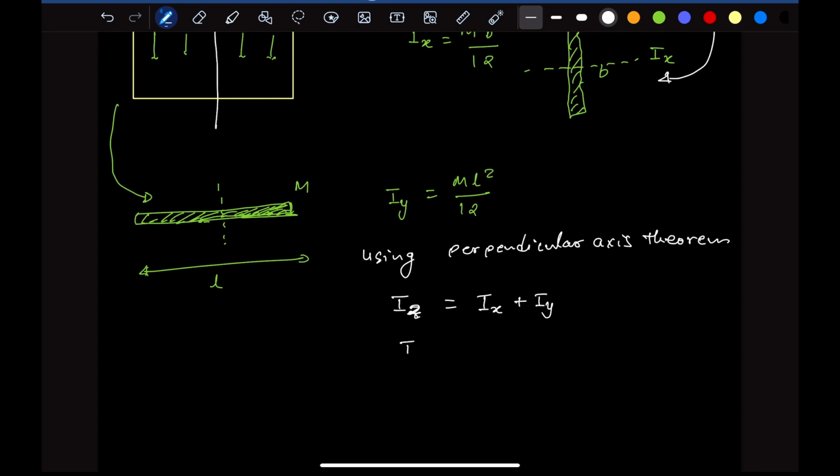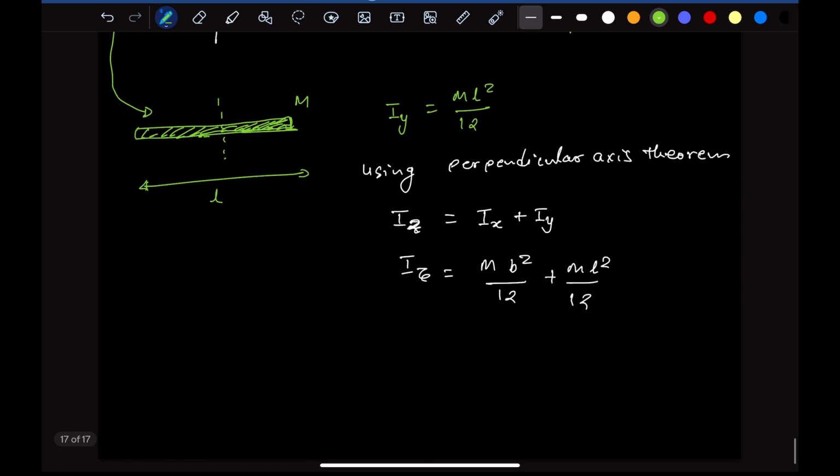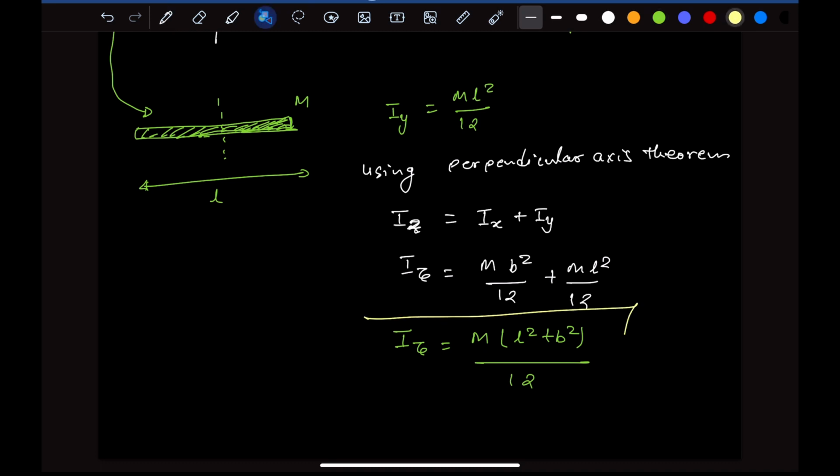So Iz would be m b square divided by 12 plus m l square divided by 12, or we can say that Iz is m times l square plus b square divided by 12. Keep in mind, this will be the formula. You also need to understand the method behind it. Okay, so that's all for today. Thank you.